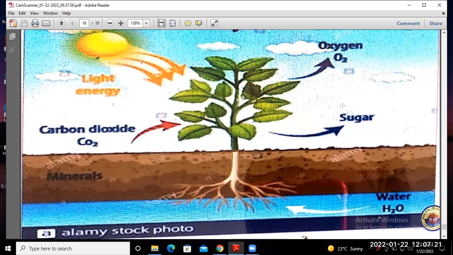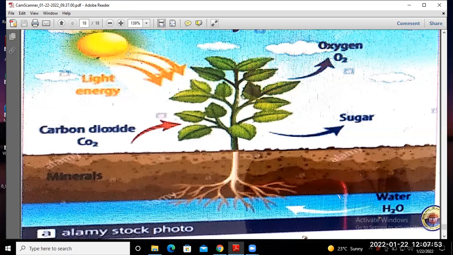When water and carbon dioxide react in the presence of light, this is one example of a photochemical reaction, the photosynthesis process. That means the chemical reaction is photochemical: water and carbon dioxide in the presence of sunlight.